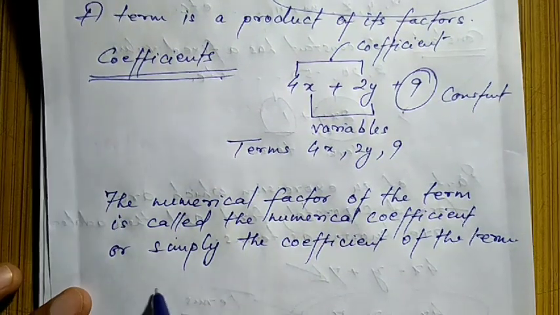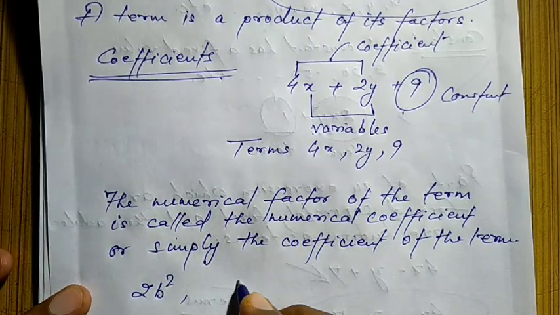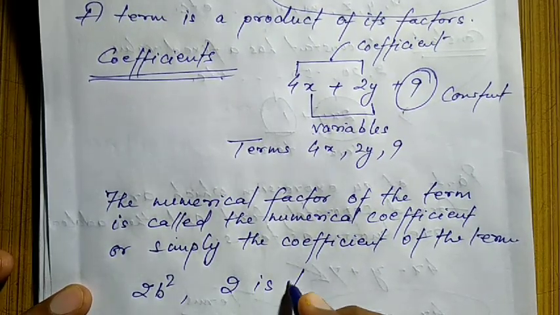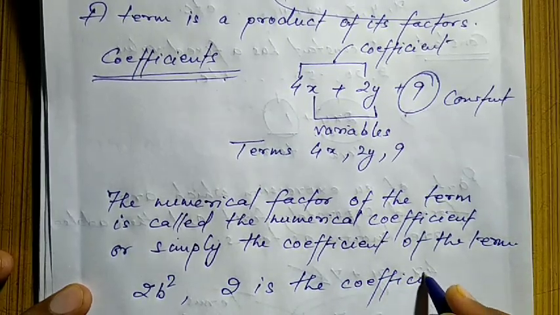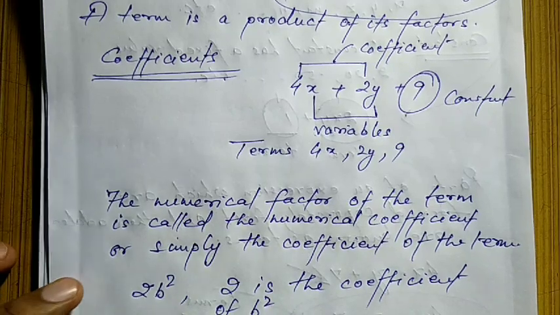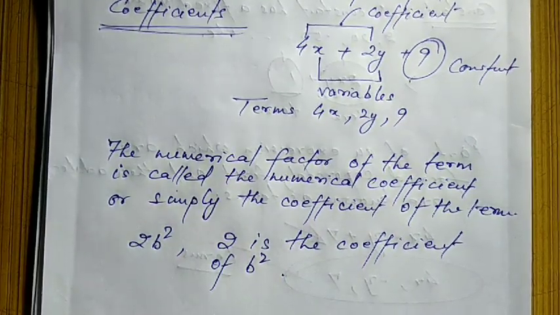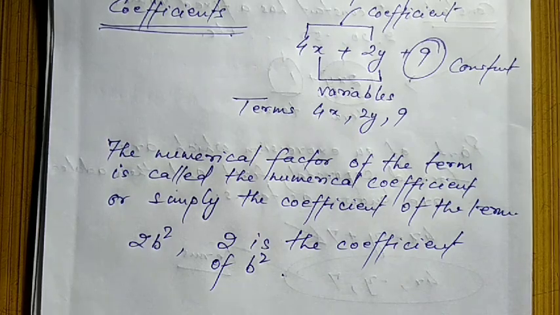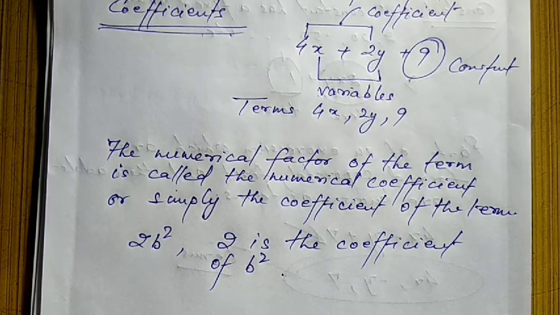Take one more example, 2b square. So you can say that 2 is the coefficient of b square. So 2 is the coefficient of b square. Hope you understand what a coefficient is.